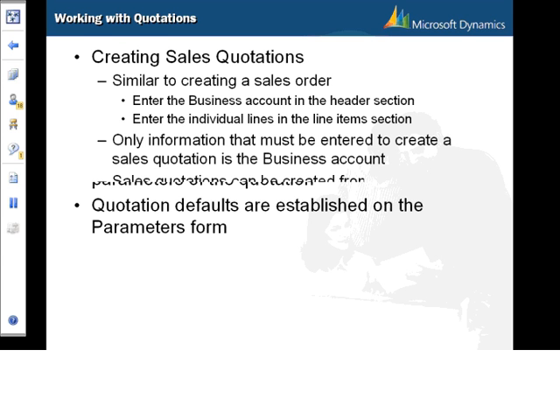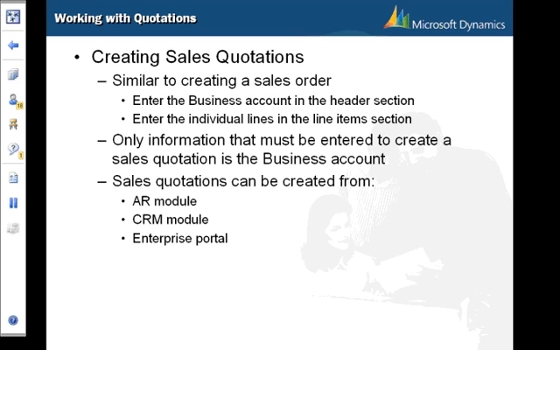Working with quotations. Creating a sales quotation is very similar to creating a sales order. So first we create the header information about the quotation in the top half of the quotation form, and create the individual lines in the bottom half of the quotation form. You can find the quotations form in the accounts receivable module.